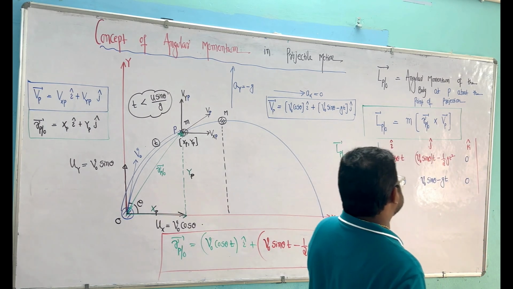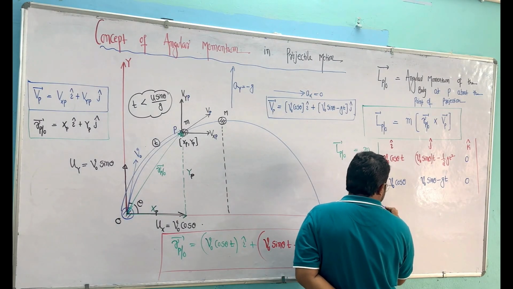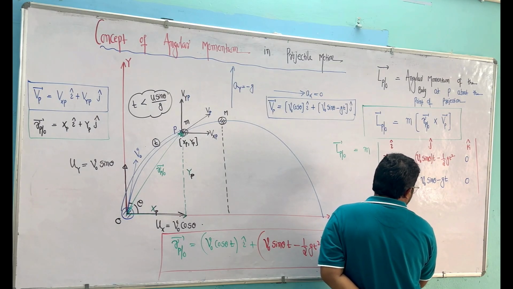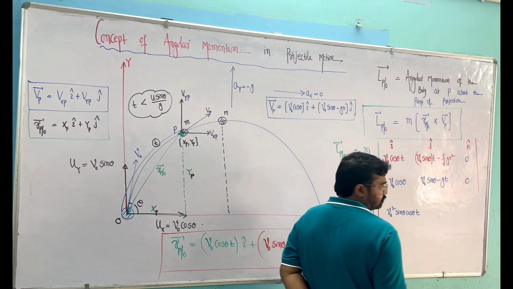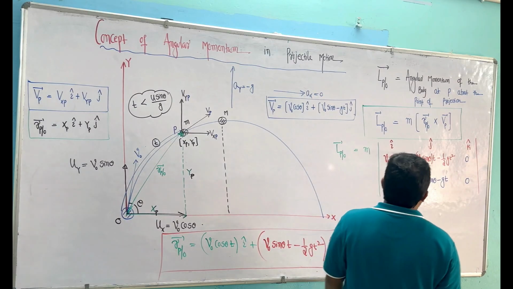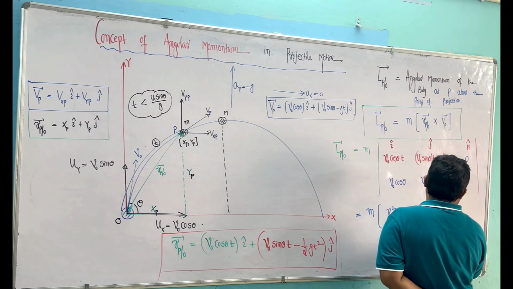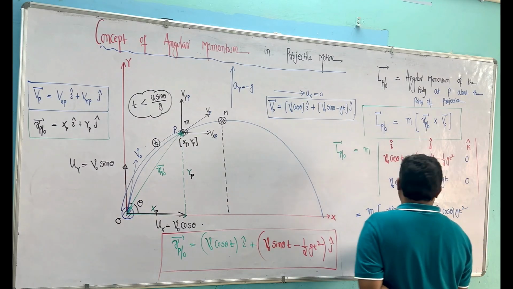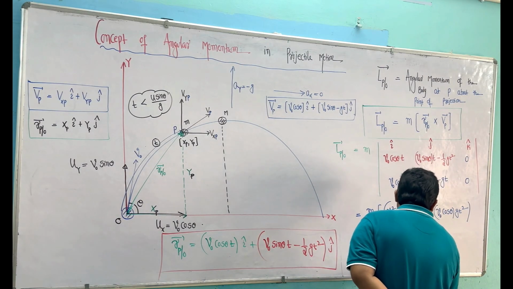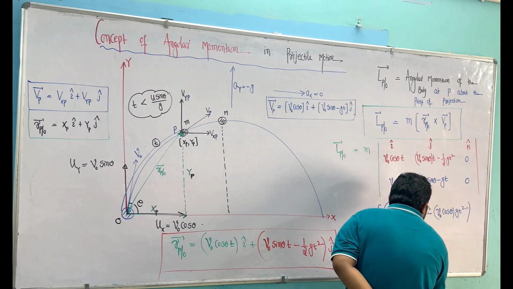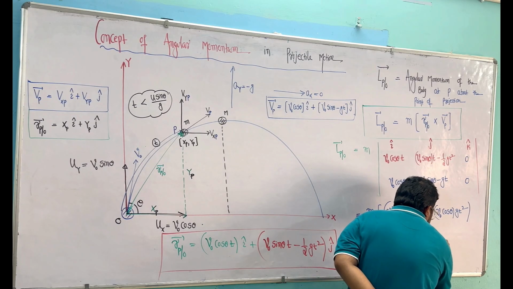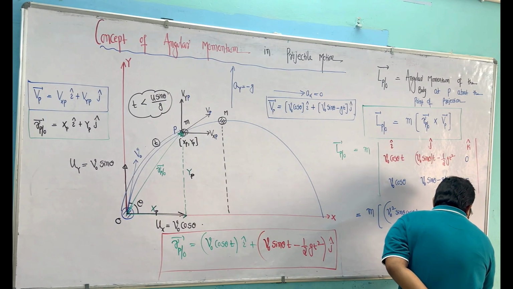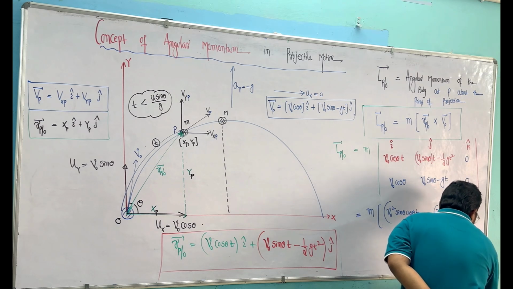When you cross multiply, what will you get? m into V naught square sin theta cos theta into t minus V naught cos theta into g t square.